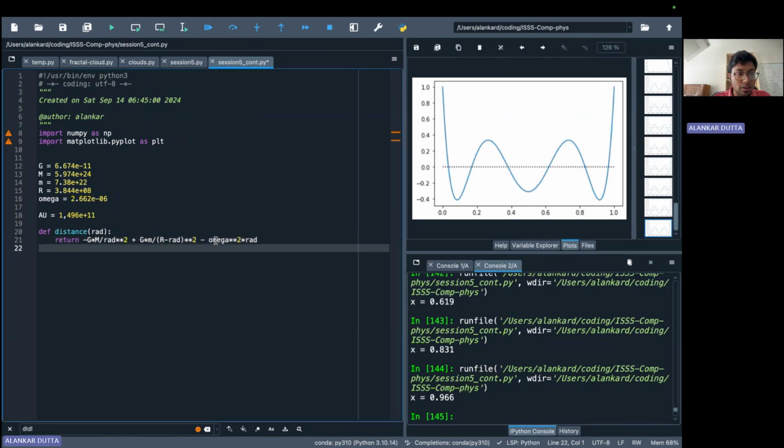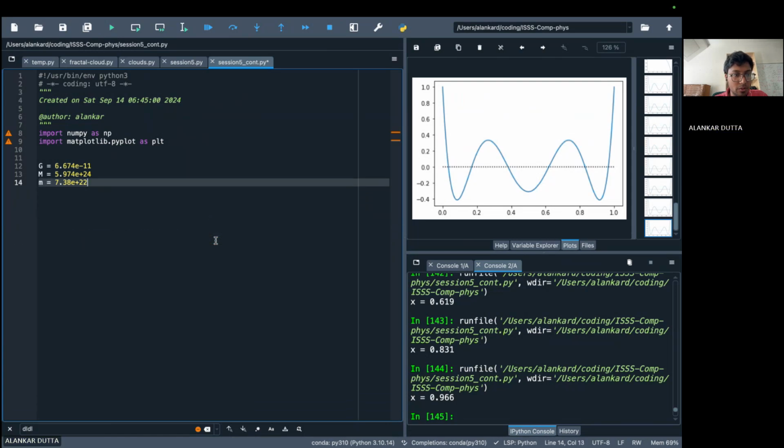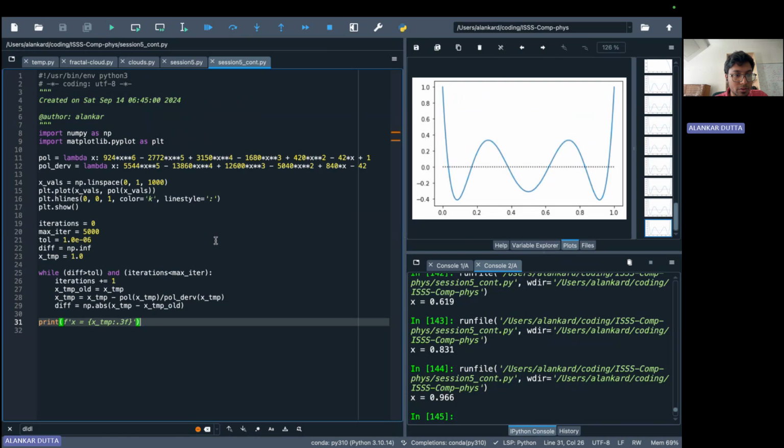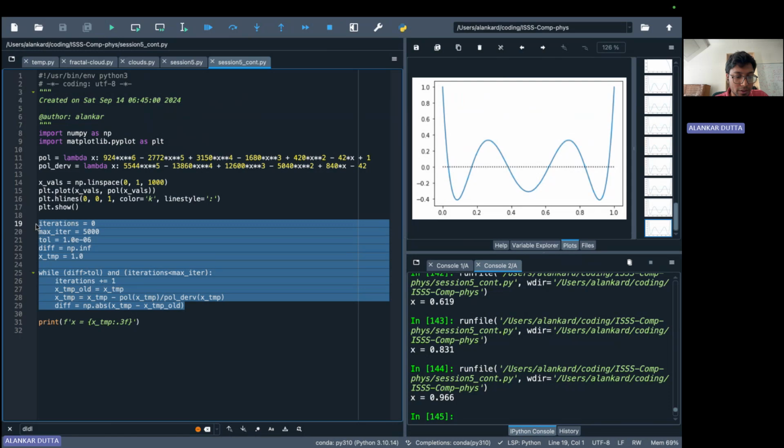Is that what we want to find out, right? And let's see. I am going to copy some stuff from this one, which will make it easy for me.